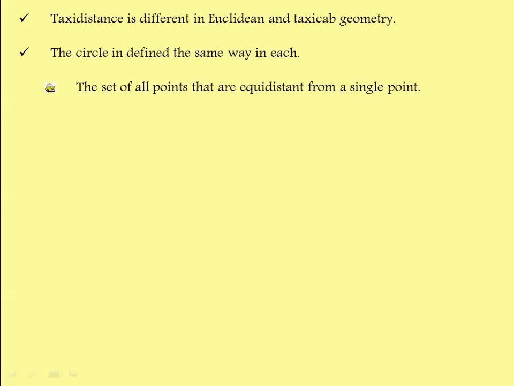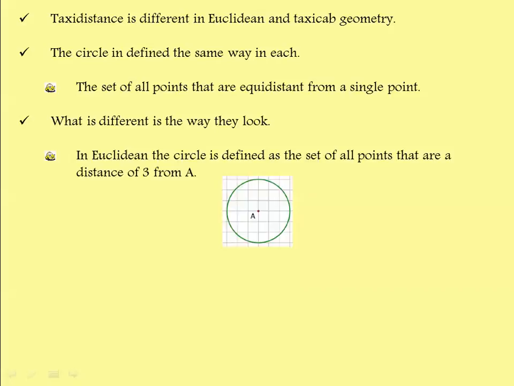It says the set of all points that are equidistant from a single point. In Euclidean, the circle is defined as the set of all points that are a distance of 3 from A in this particular picture.